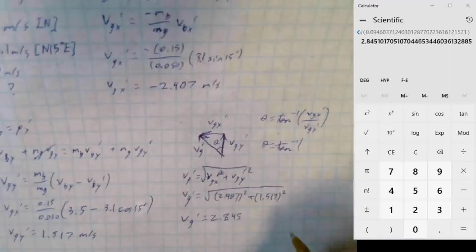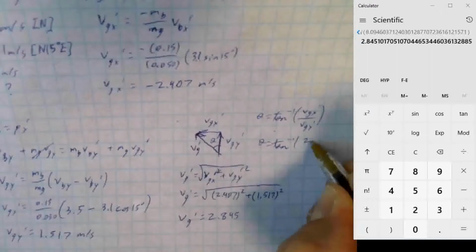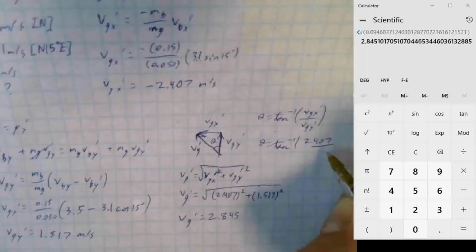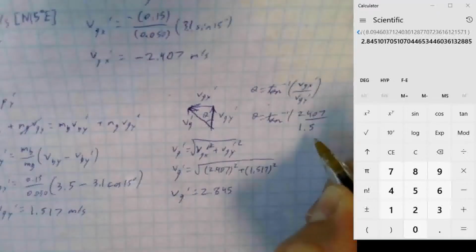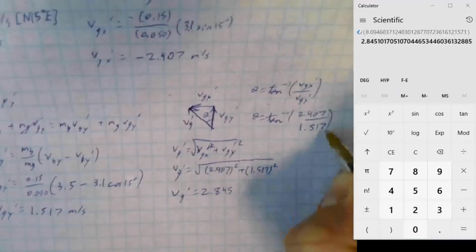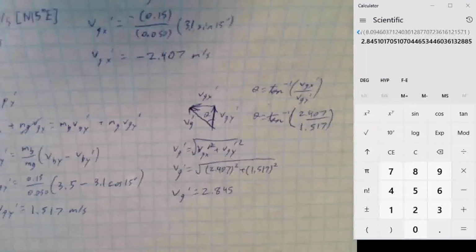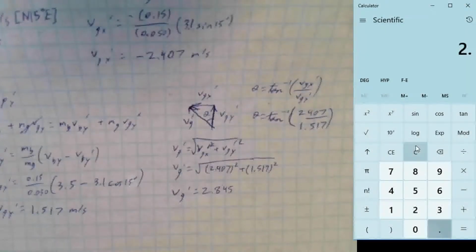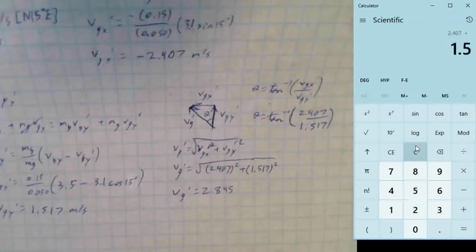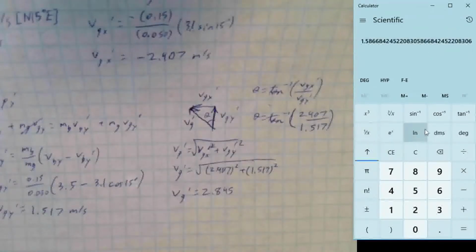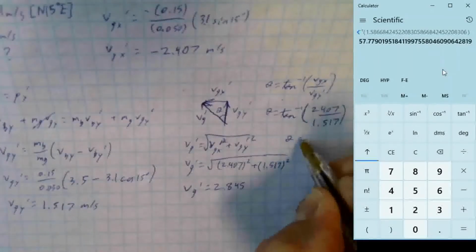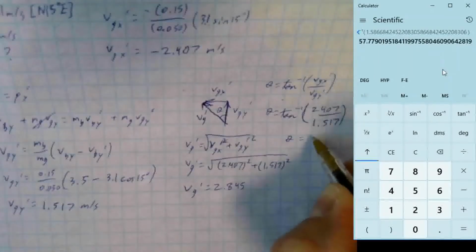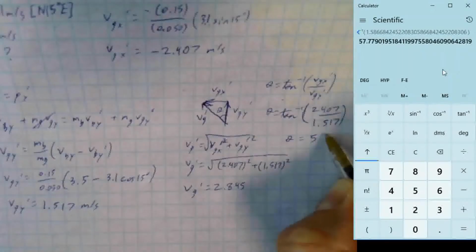So the inverse tangent of 2.407 over 1.517. That is, 2.407 divided by 1.517. I find the inverse tangent of that. I end up with 58 degrees.